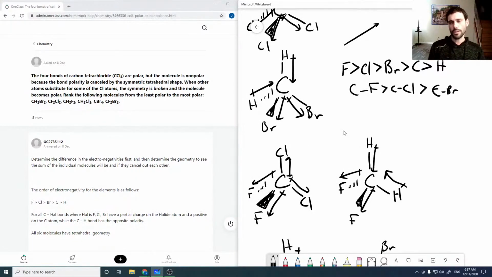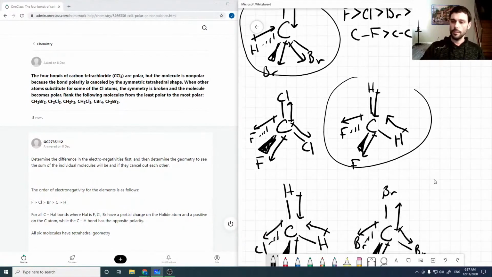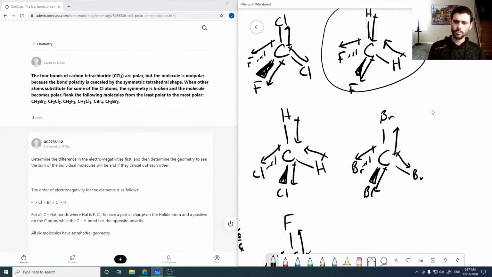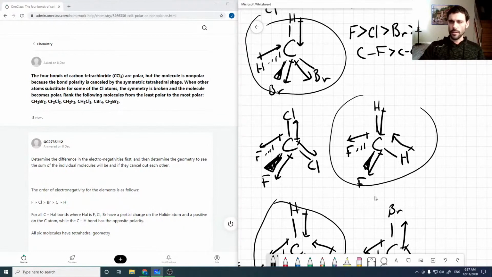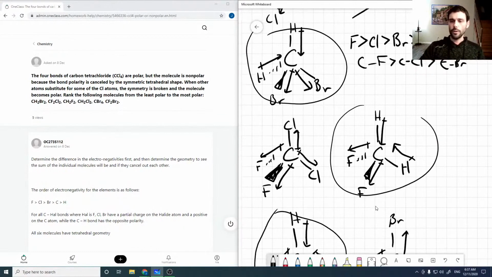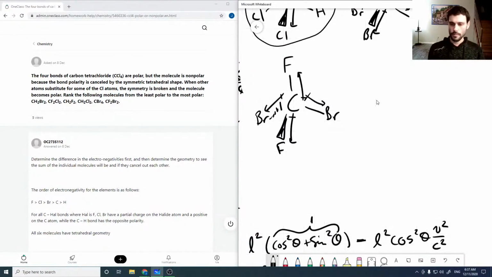So this is going to actually just increase our dipole. So all the hydrogen ones are obviously going to be our highest ones. And looking at this ordering, it's going to go fluorine higher than chlorine, higher than bromine. So we can start to rank here.